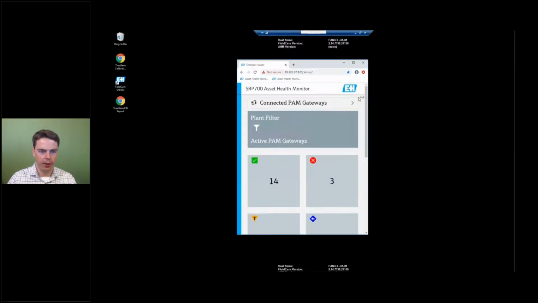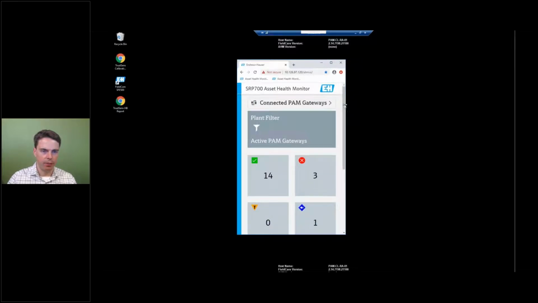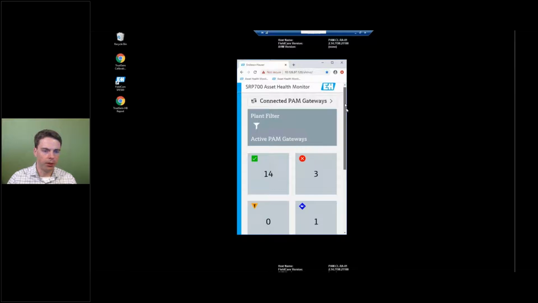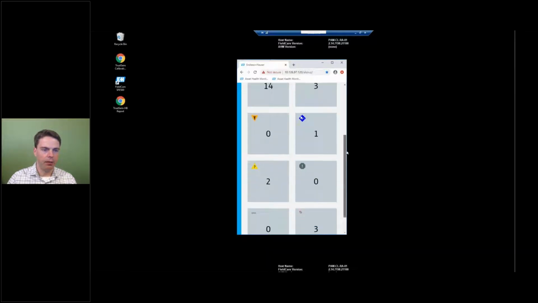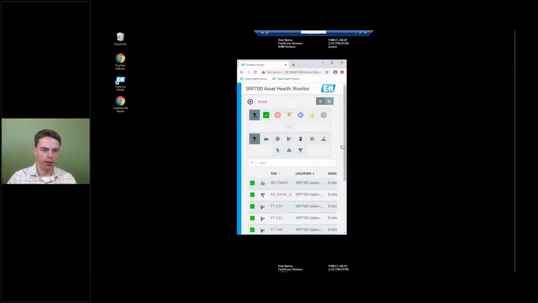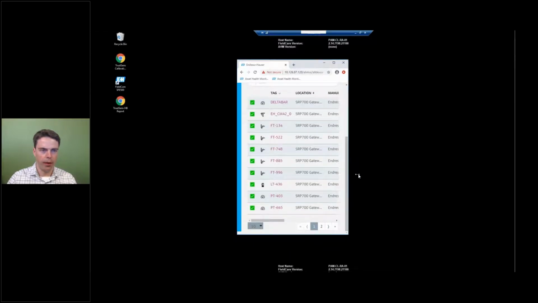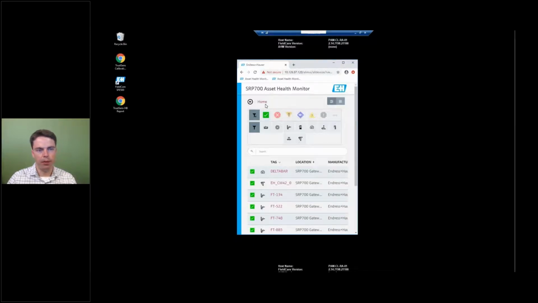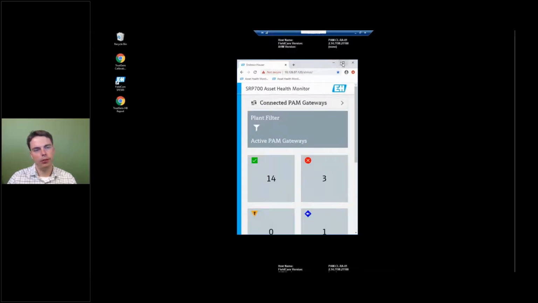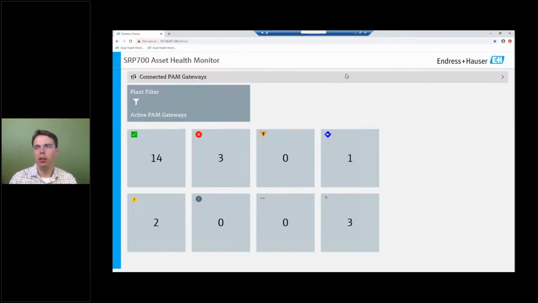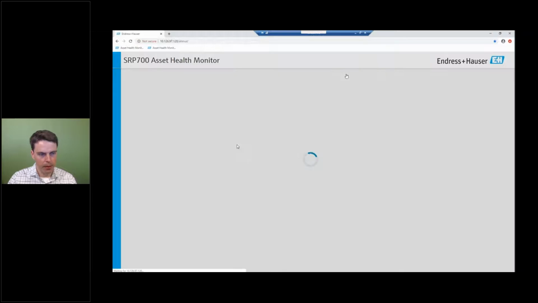If I put this in a smartphone format from the web browser, you can see that it's automatically adjusting to that view. So wherever you use it, on a tablet or on desktop engineering stations with various screen sizes, it automatically adjusts.